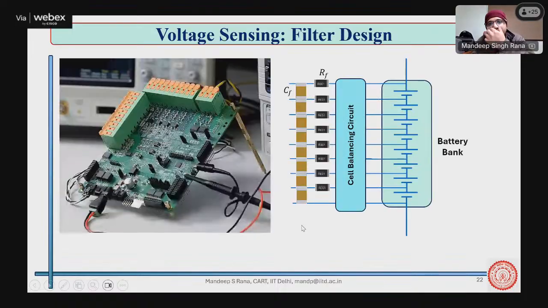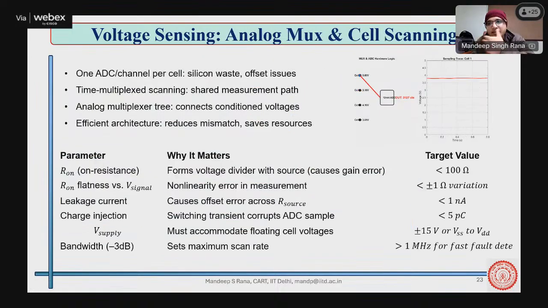Next, after these filter designs, you want to sample the data and read it out. To read it, what you will prefer is multiplexers. With multiplexers, you have a single ADC sampling various inputs. Why is it needed?